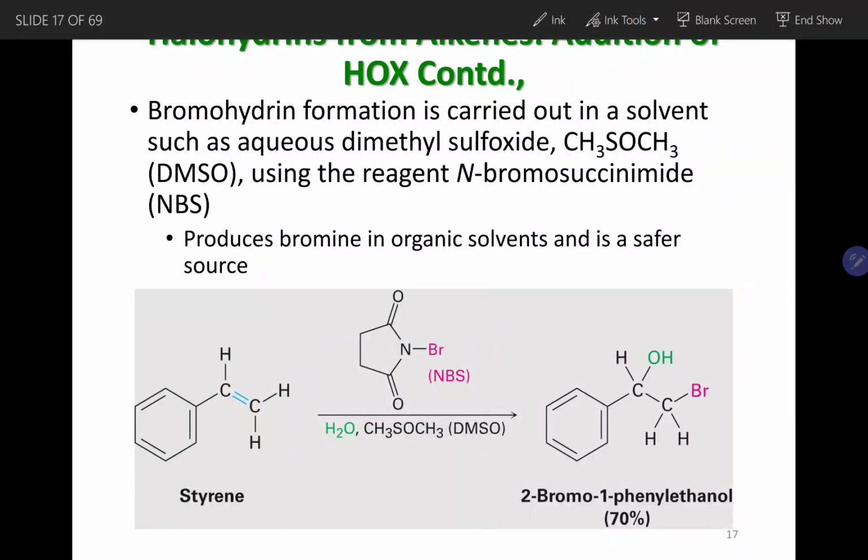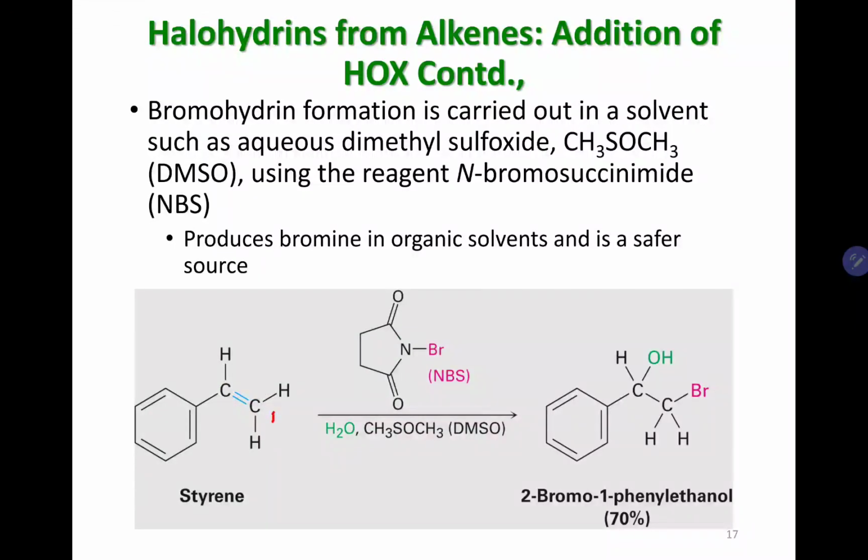Let me erase all of these. So basically, here is your rich carbon. Here is your poor carbon. So according to Markovnikov rule, hydrogen or your electrophile goes to the rich carbon. So in this case, our electrophile is the bromine. Okay, so bromine goes to the rich carbon, and then the OH, the nucleophile, goes to the poor carbon, just like Markovnikov rule.